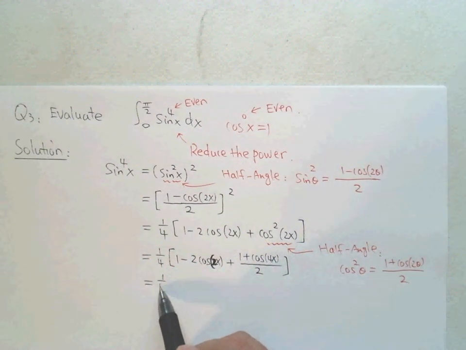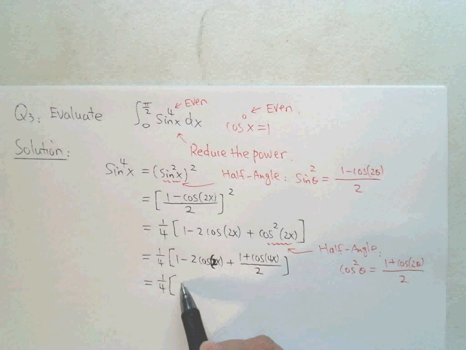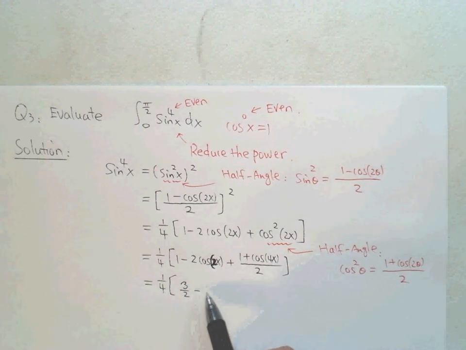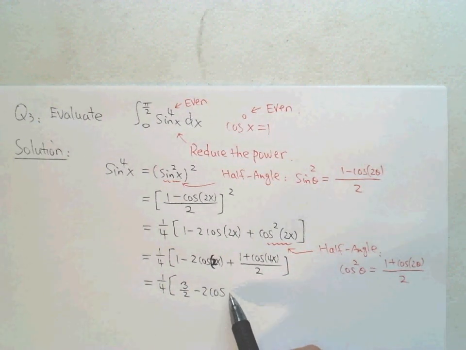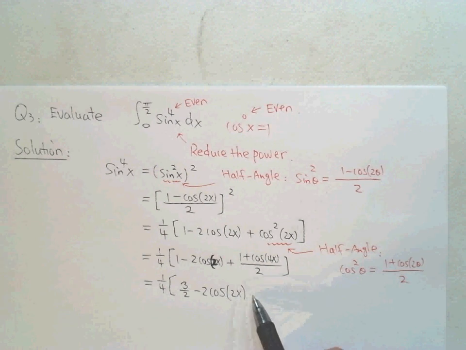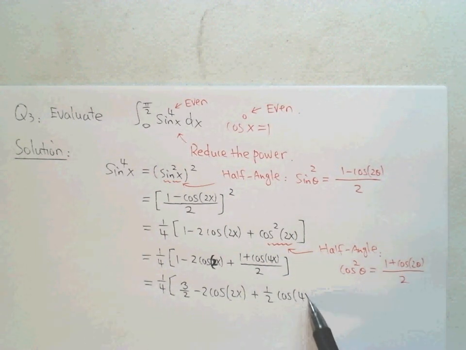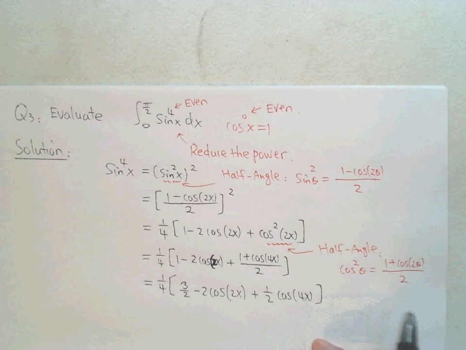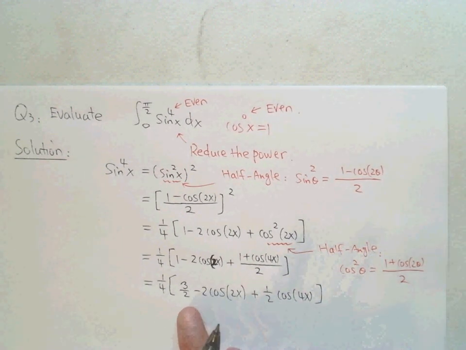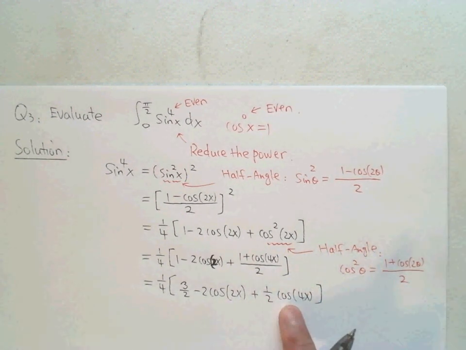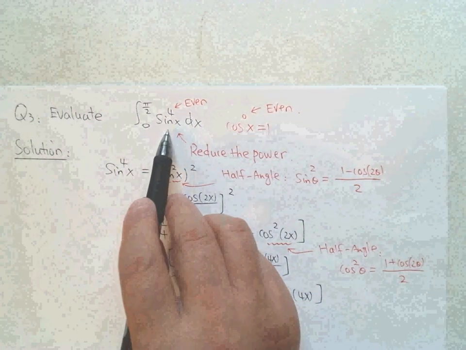Now I simplify a little bit, combining like terms. What do we have? 3/2 minus 2 cosine 2x plus 1/2 cosine 4x. Everything together, you see, each term is easy to integrate.